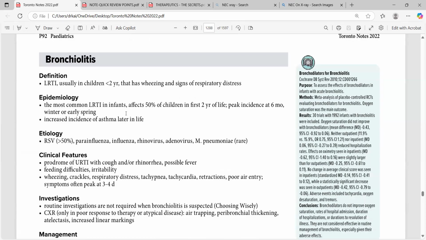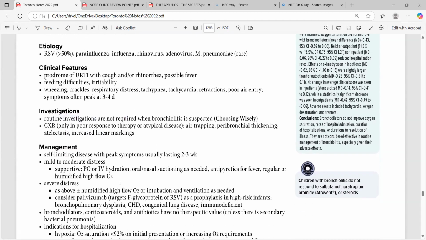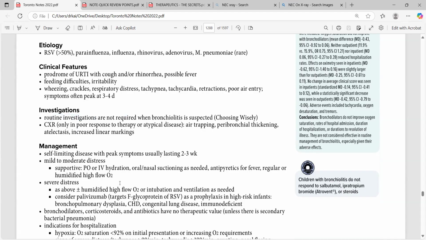Then bronchiolitis. It is a lower respiratory tract infection, very common in children less than 2 years. The most common causing virus is RSV. In this one, routine investigations are not required, so we don't do anything. It's just a viral thing, self-limiting. If the child presents with low oxygen or respiratory distress, you refer them to emergency and they get high flow oxygen.